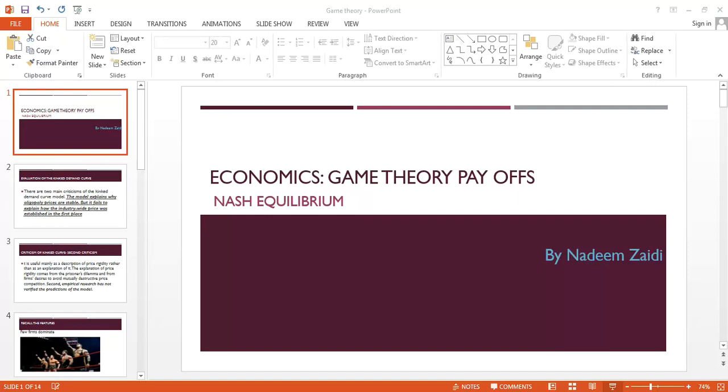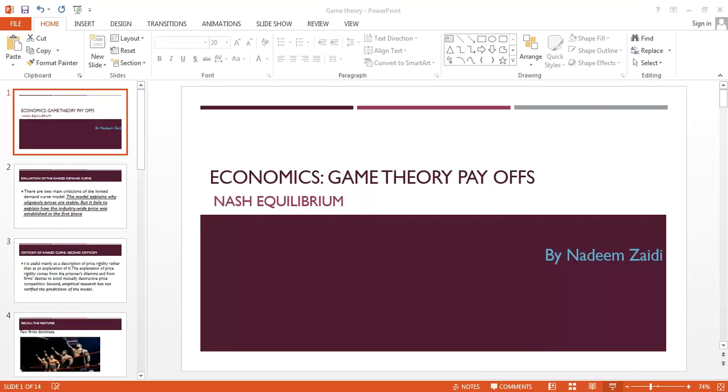And the second is that the kinked demand curve does not make viable predictions. The research that has taken place tells us that viable predictions have not been made on the basis of this model.